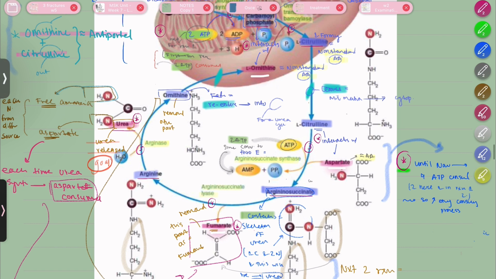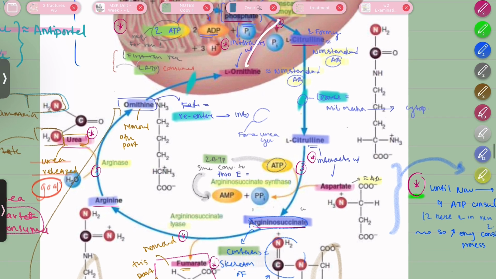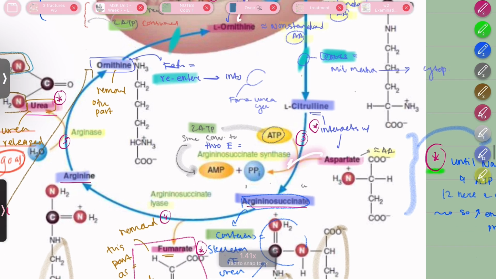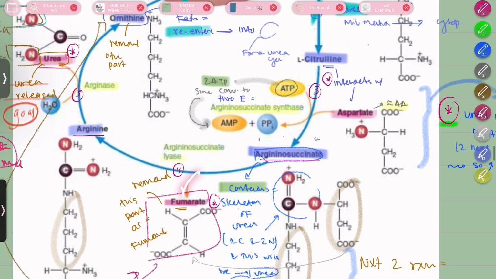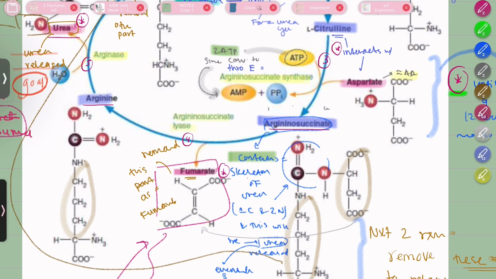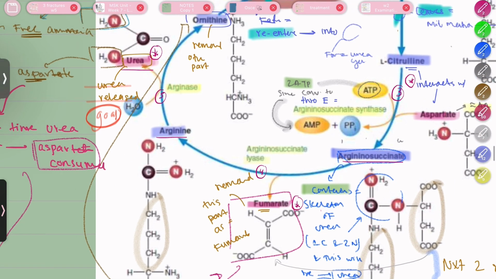Look at the pink words. So ornithine was incorporated here, aspartate was incorporated, and fumarate over here in reaction number 4 was released. And when did we have our skeleton ready? It was in argininosuccinate, but still we need to continue to remove these two structures from the urea structure.